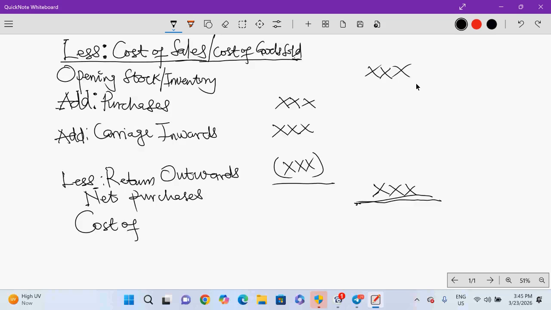Cost of goods available for sale. Okay, so please, you added purchases and carriage inwards, then you less the return outwards, and you add it, and you get your cost of goods available for sale.